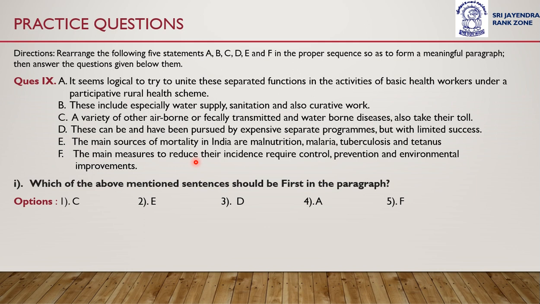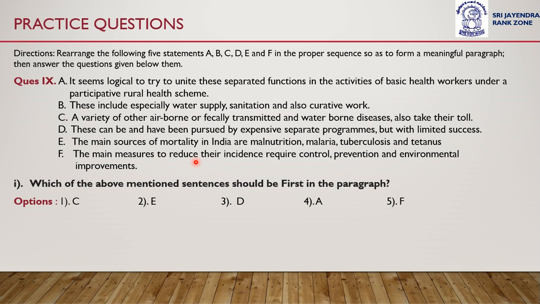So these are the 6 sentences. Which one do you think is the opening sentence? Take some time, go through all the sentences, see which sentence can be the first sentence of a paragraph, which sentence is introducing something new for discussion. That would be the first sentence.